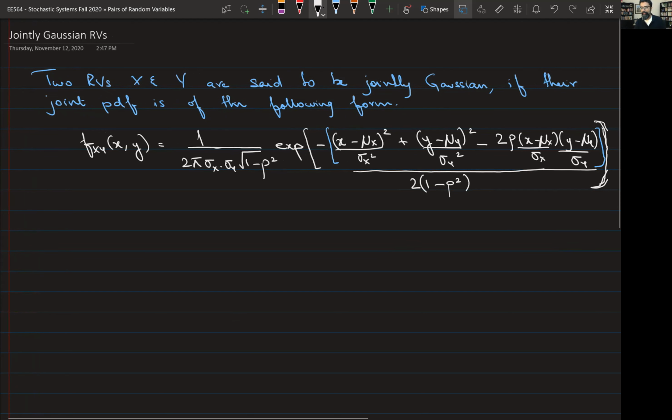All right. Now, a complicated looking expression, but we're going to take a look at just what this looks like in 2 dimensions and try to extract what these variables represent.